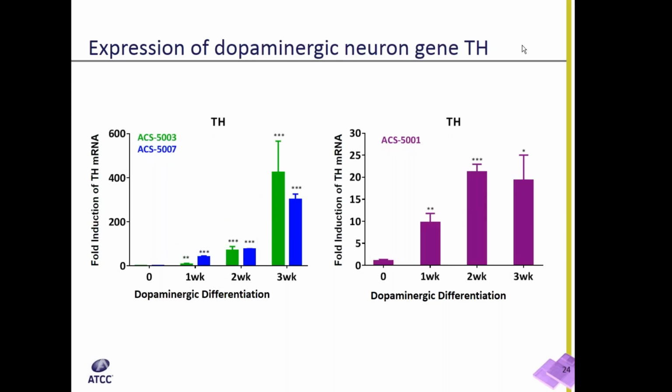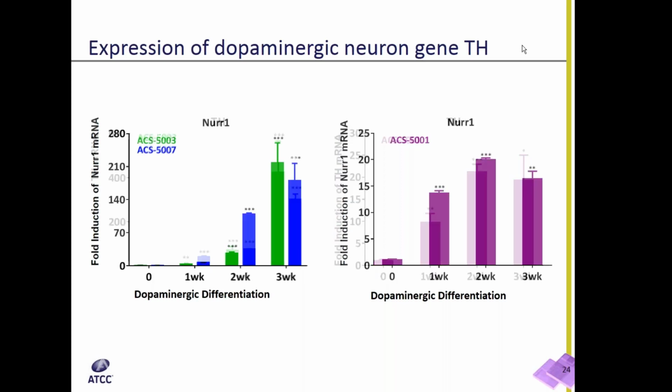In addition, from 2 to 3 weeks, there was a significant increase in tyrosine hydroxylase, which is the enzyme that converts L-tyrosine to L-DOPA. We also see increases in NURR1, a developmental transcription factor, mRNA expression.